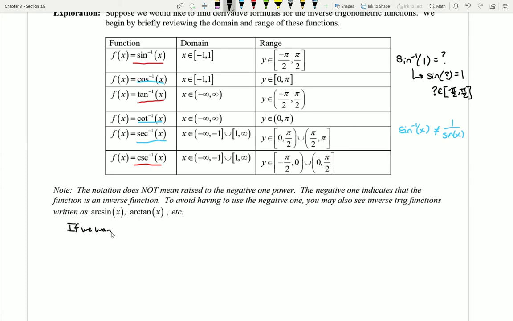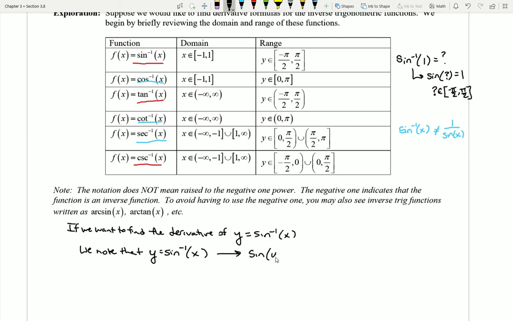If we want to find the derivative of, say, y equals the inverse sine of x, then we should note that y equaling the inverse sine of x is going to mean that we have the regular sine of y equal to x, right?